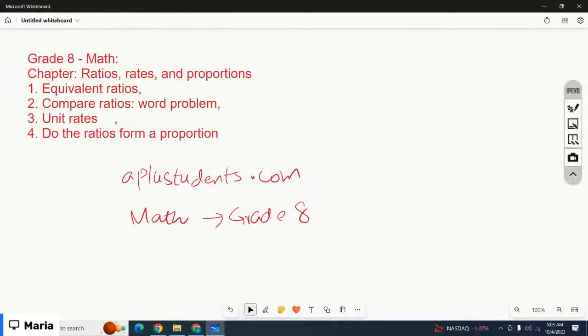We're going to start with the chapter ratio, rates and proportions. The lessons we're going to cover today are equivalent ratios, compare ratios, unit rates, and do the ratios form a proportion. So let's start with the first lesson, that is equivalent ratios.